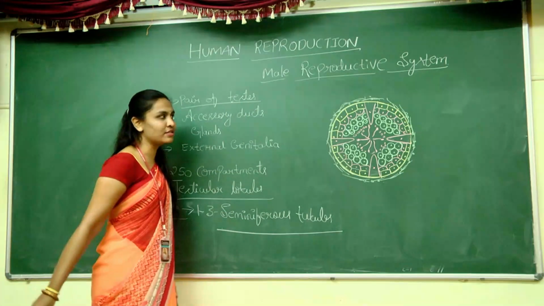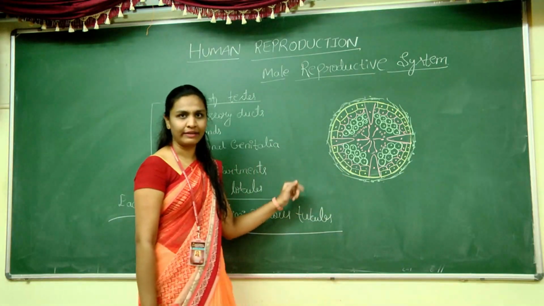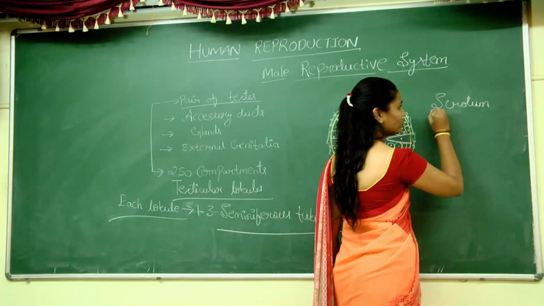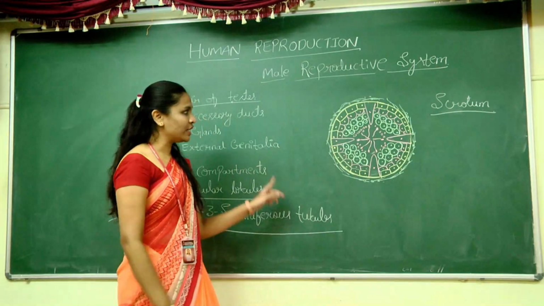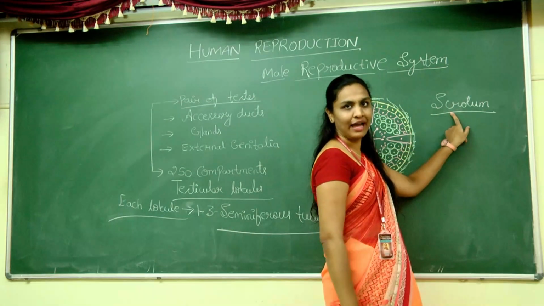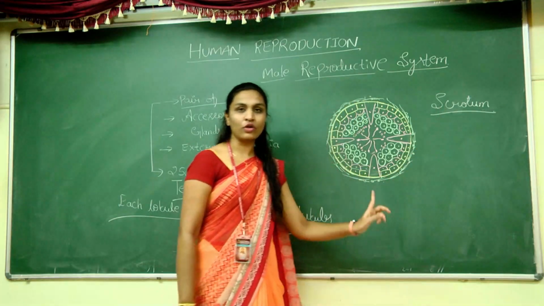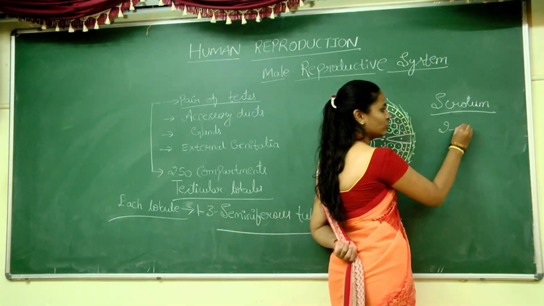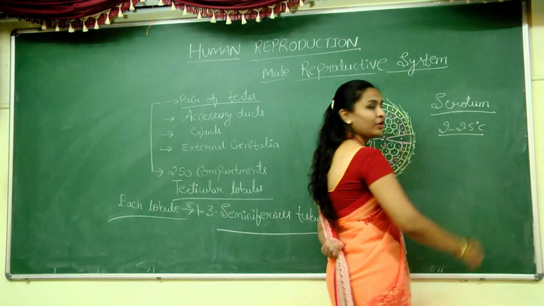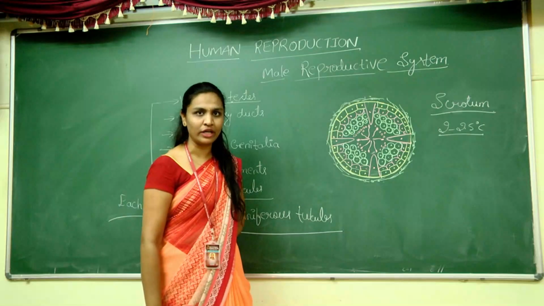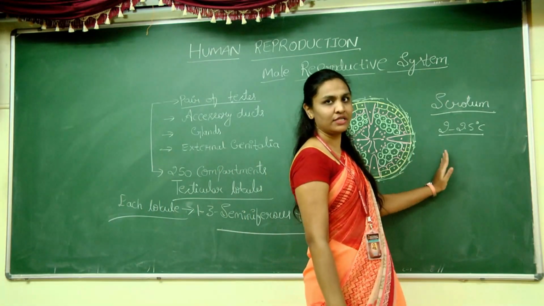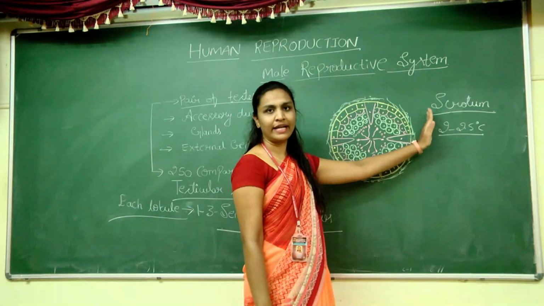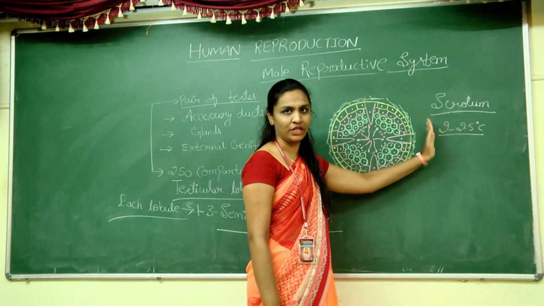A pair of testes is located outside the abdominal cavity in a pouch called the scrotum. The scrotum maintains a low temperature of the testes, 2 to 2.5 degrees Celsius lower than internal body temperature, necessary for spermatogenesis. Spermatogenesis means the formation of sperm.